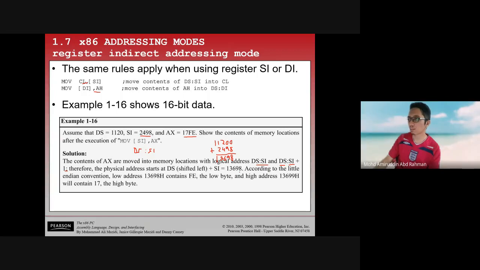According to the little endian convention, the low address contains FE, and the high address contains the other byte.